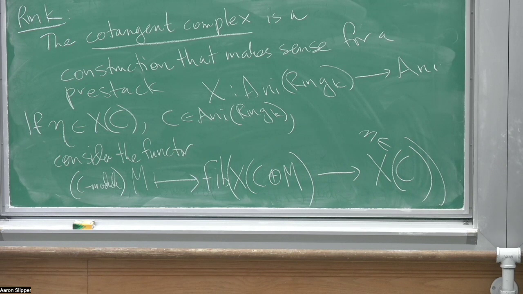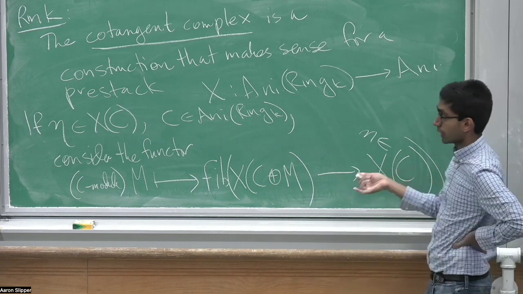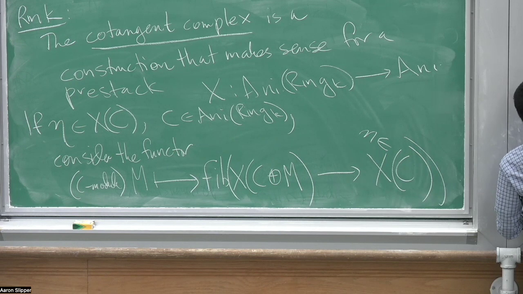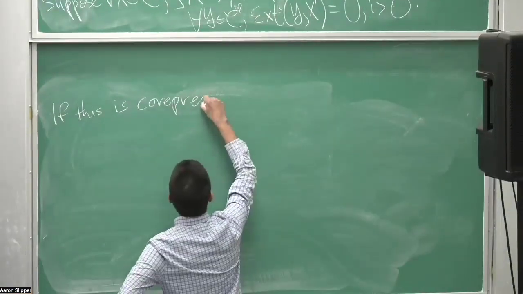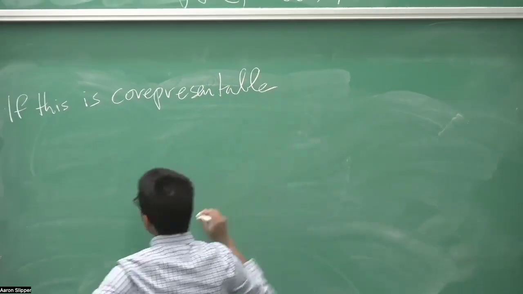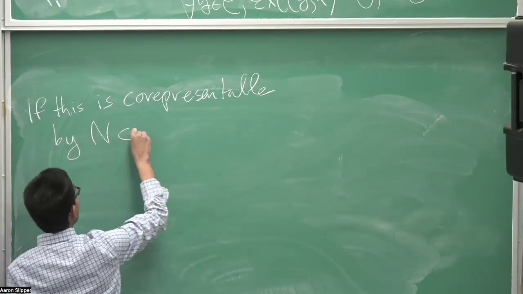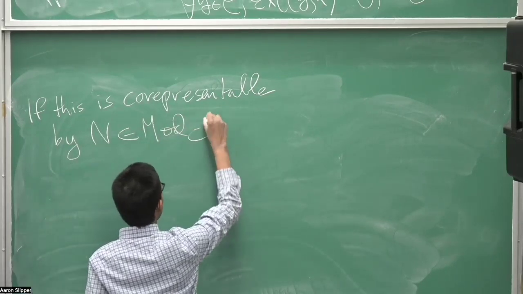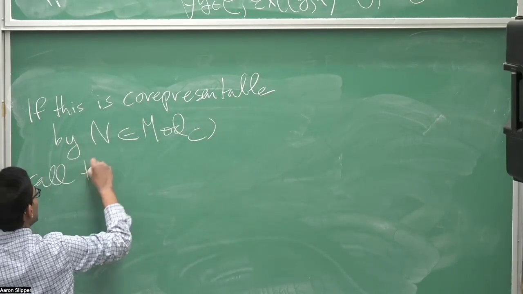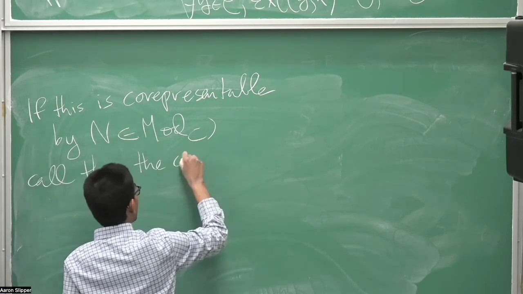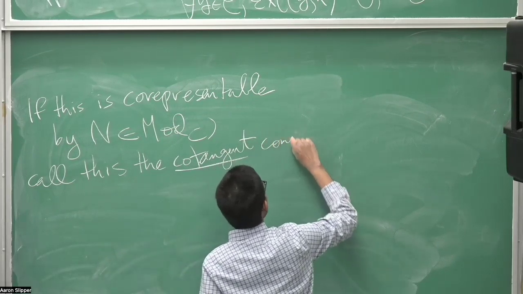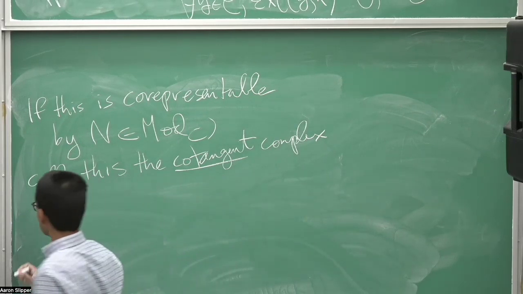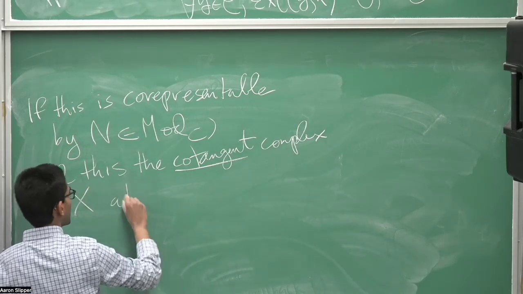Okay, and right, so if this is representable, so this is a functor on, let's say, connected C modules, and if this is a functor from connected C modules to anima, and if this is co-representable by an object N in all C modules, then you call this the cotangent complex of X at the point eta.